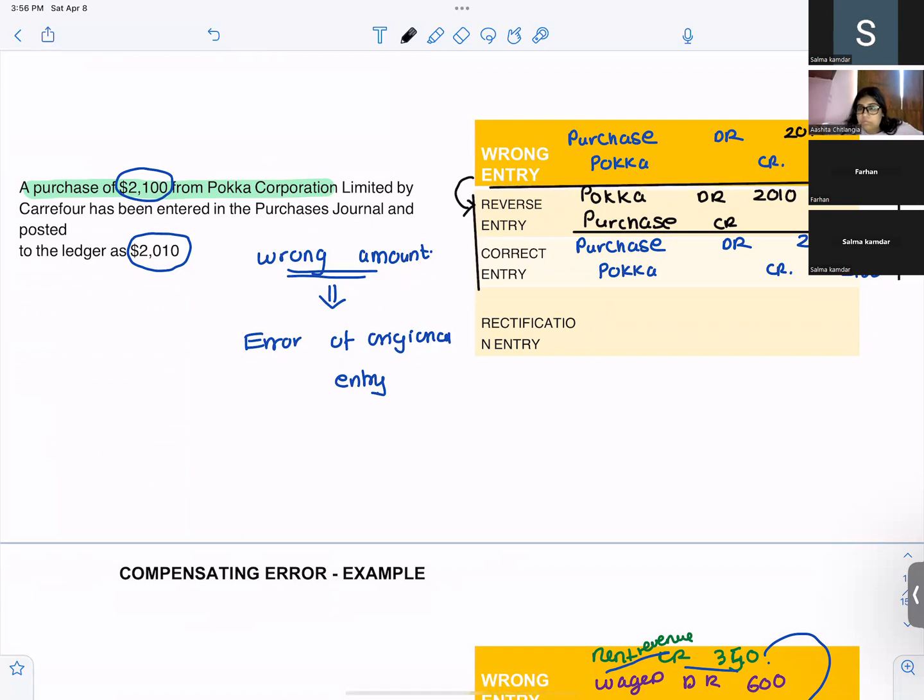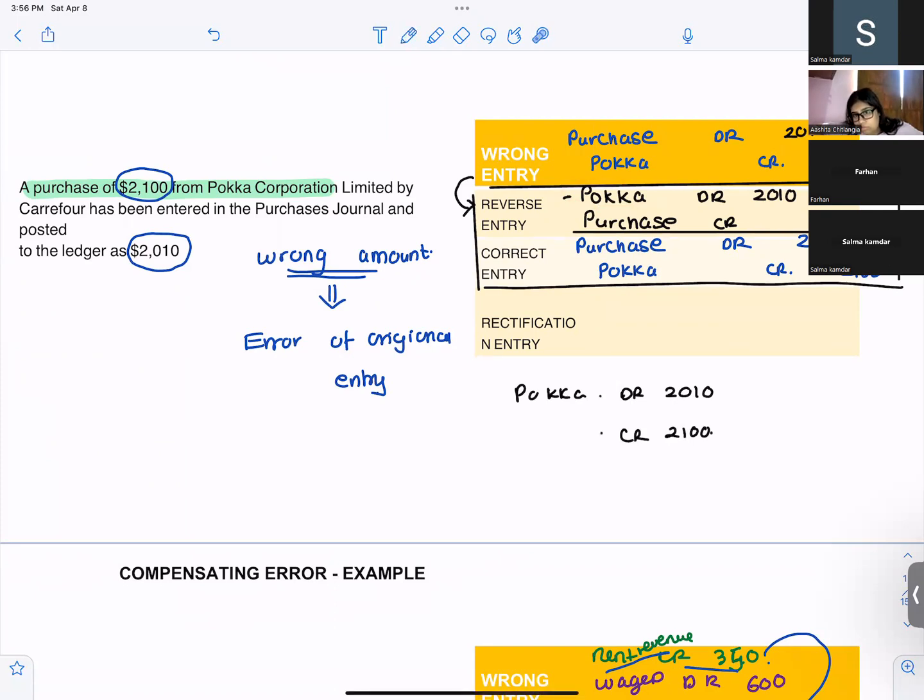How? Like a sum means like adding? I'll show you. So first I will take Poca. Poca has a debit of 2010 and it has a credit of 2,100. These are opposite signs.